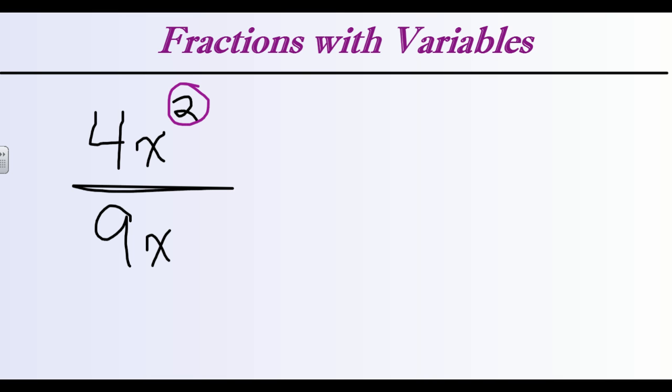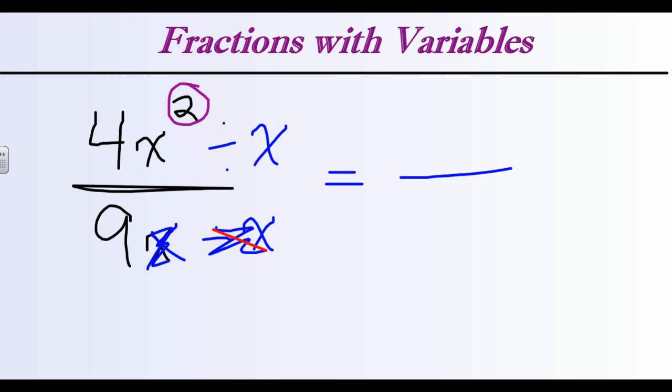Both have an x in them, so we can take out this x from the denominator and cancel an x from the numerator. In the denominator, we can just get rid of the x to end up with 9. But in the numerator, we have 2 x's to start off with, so we're going to take away one of them and end up with 4x.